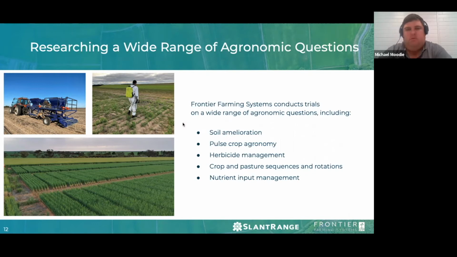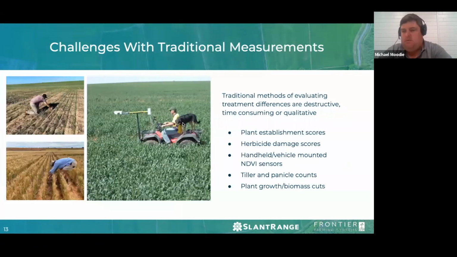So the next slide has the measurements that we typically might apply to these trials, things that we get in there and measure during the season. Each of these, I suppose, the drawback is they either require some type of destructive sampling, so removing samples that you can't then measure again.